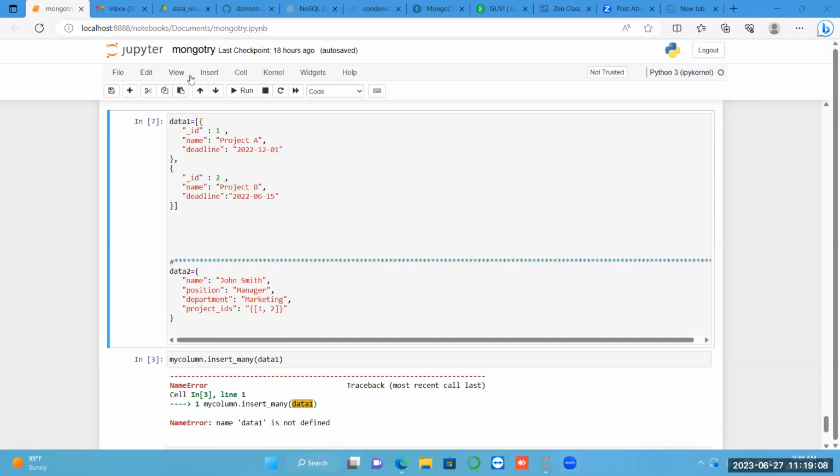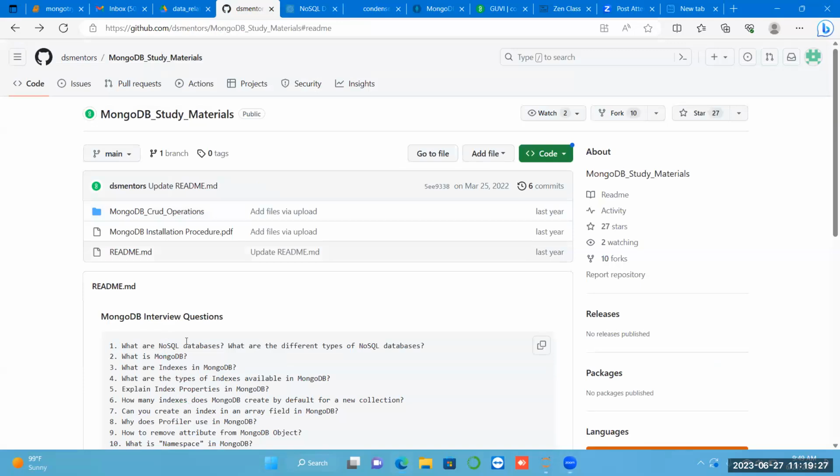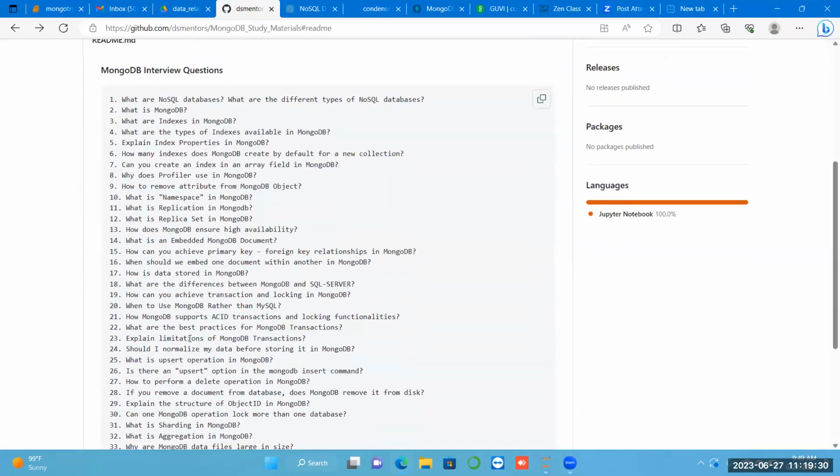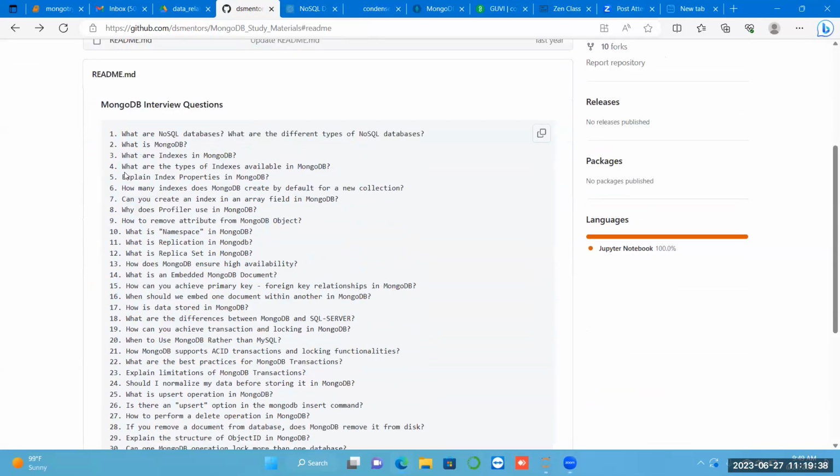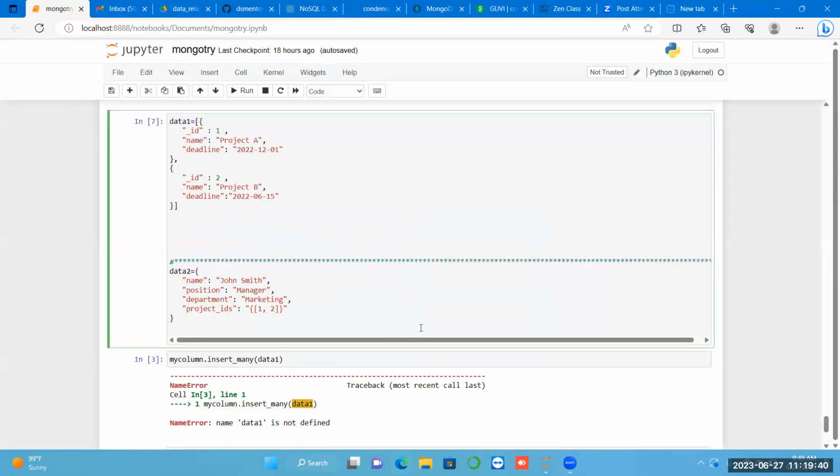Let me check, guys. 1 second. Okay, this one, insert data. Guys, just 1 minute. I'm still not able to find the code. Where is it? MongoDB, this one.